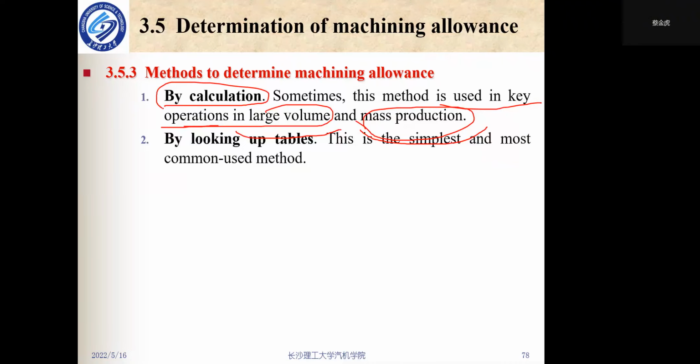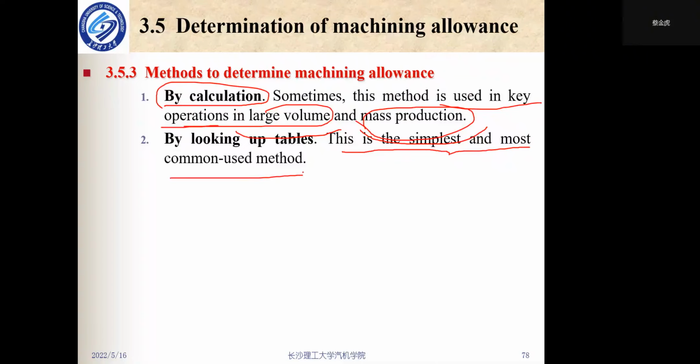If necessary, the data got from the handbook should be modified. This is the simplest and most commonly used method.